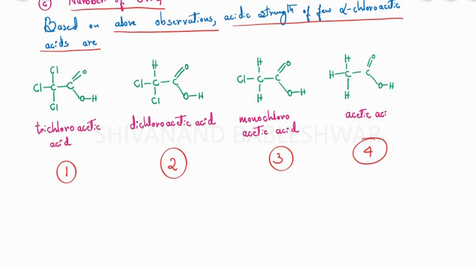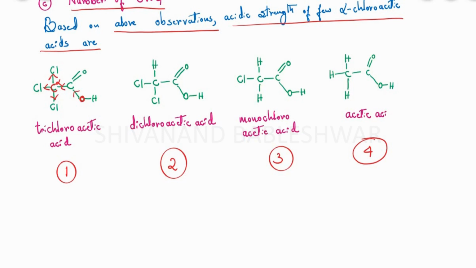Now I call this carbon the alpha carbon, but to this alpha carbon there are 3 chlorine atoms, so all are electron withdrawing. This also withdraws electron, this also withdraws electron. So they withdraw the electron from this oxygen atom. So this is the oxygen atom here.